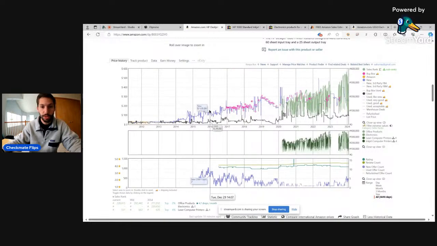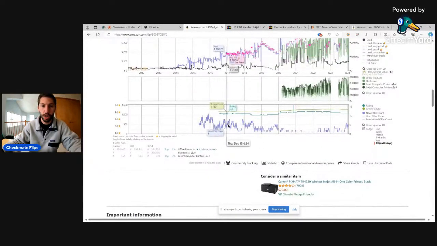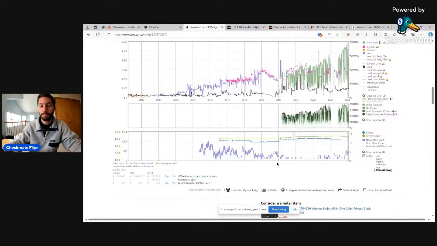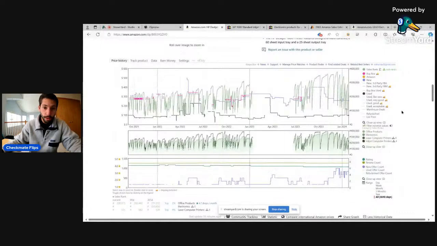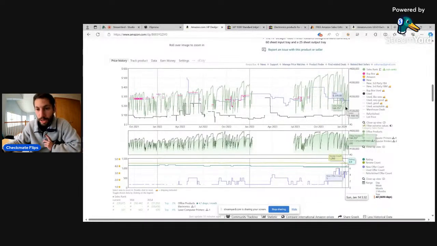In the past, it was lower because this was more in circulation. We see that people were in stock here on a regular basis. People were probably getting this from retail sites. So the price could come down all the way to like 210 potentially.